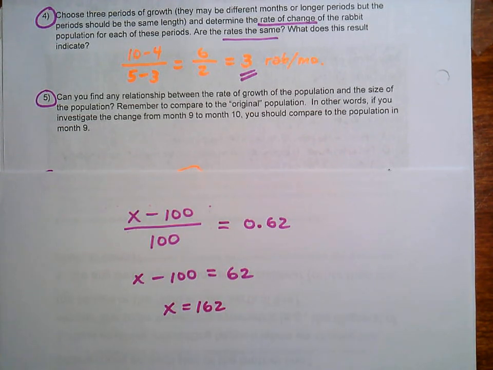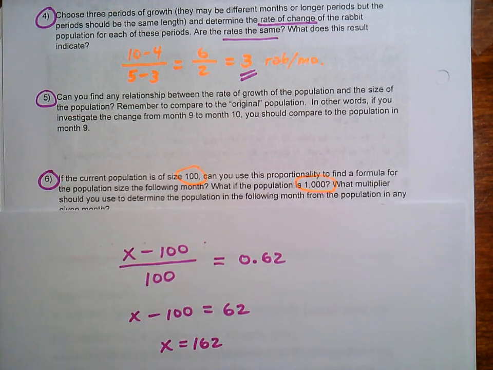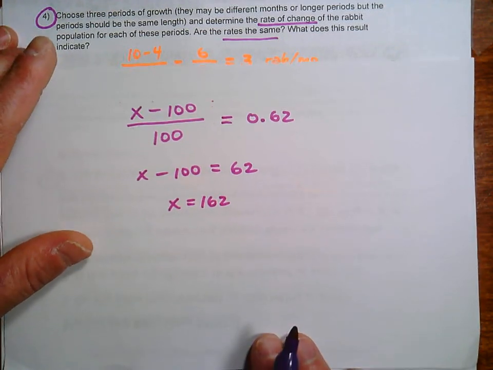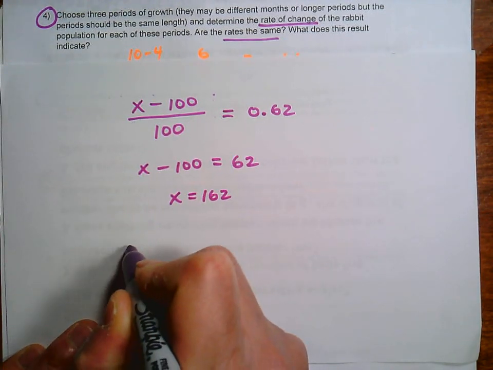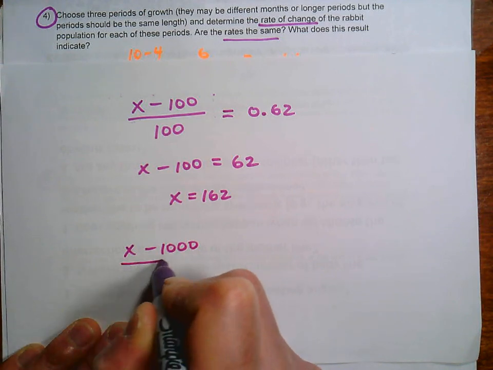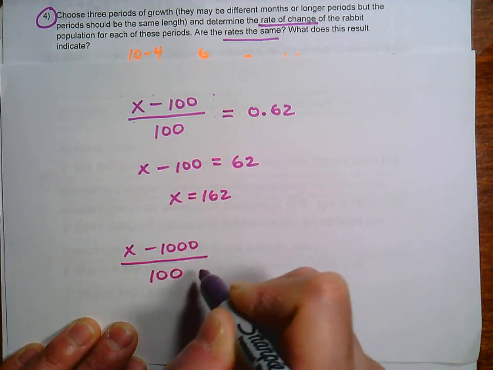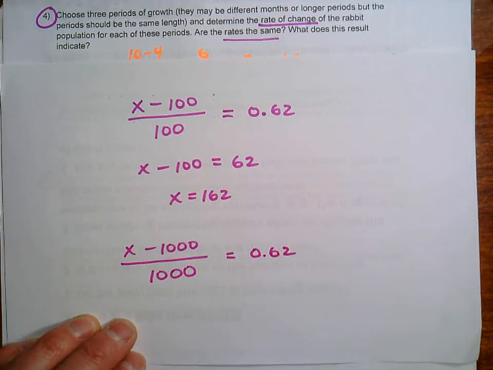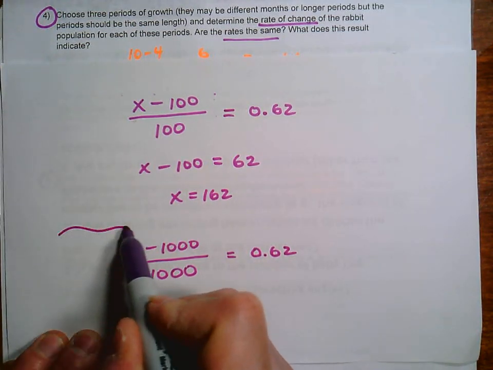So that's 162. So you can pretty much follow the same pattern, right, for the 1000, right? So I'm going to go through and we'll do that as well. So this is going to be new minus old over the old. And this is equal to this constant. And then just go through the mathematics to solve this.